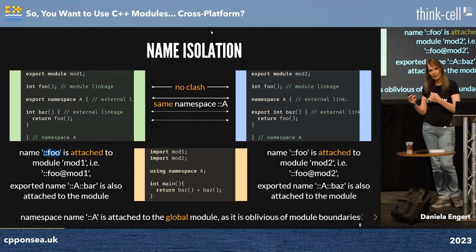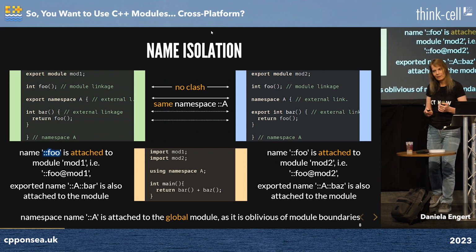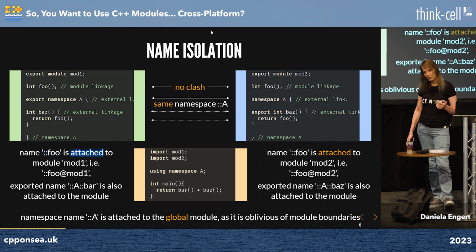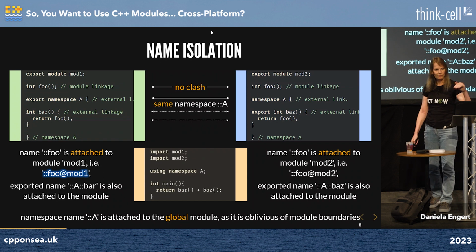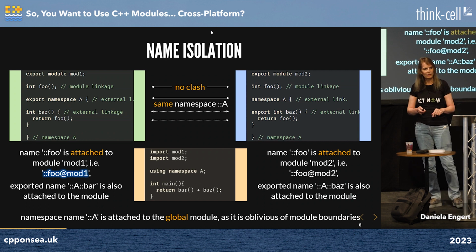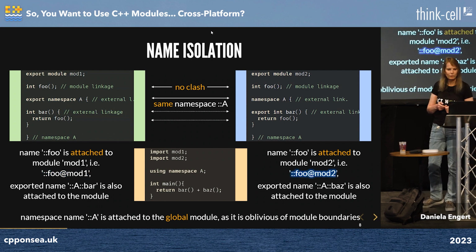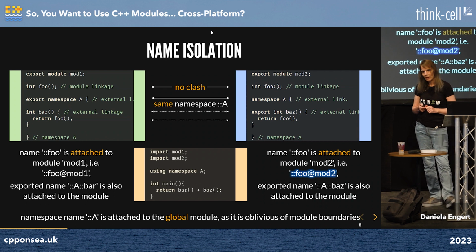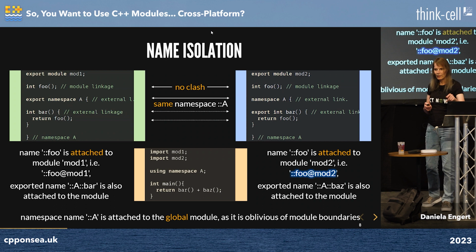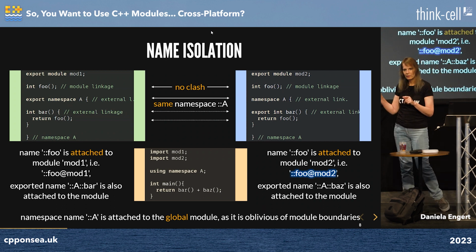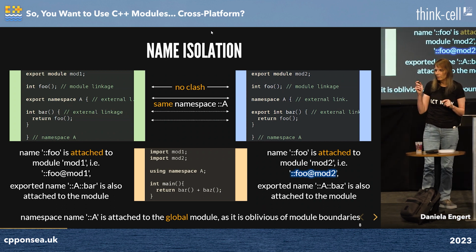Everything that is in the module purview belongs to the module, and this is said to be attached to a module. So instead of saying just foo, you say foo at, that is a part of the module. Here we have foo at module 1 and also foo at module 2. And this is the third kind of thing. Because of this attachment, you get different linker symbols, and this is how it's typically implemented in the compilers.